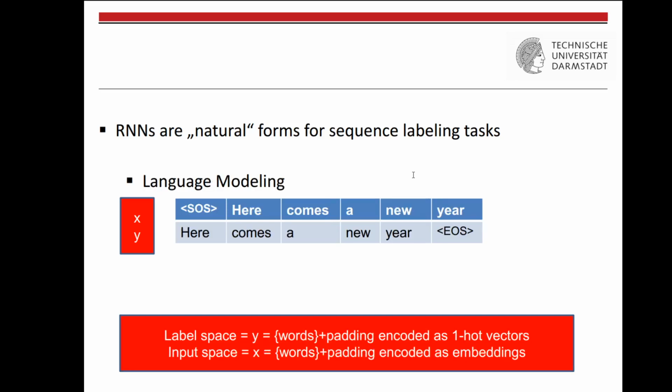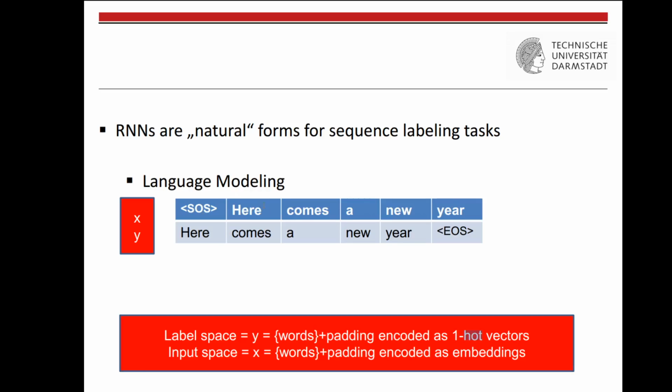And the final application that we look at is language modeling, where the input space and the output space are identical, except that the input space is given by embeddings and the output space is given by one-hot vectors. So this is also important for you to note that even though we predict words at the output, we will usually not predict embeddings, because if we wanted to predict embeddings, then it would not be clear which actual word is meant by that embedding.